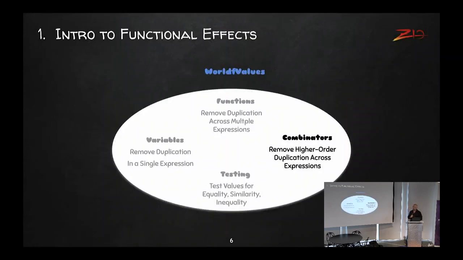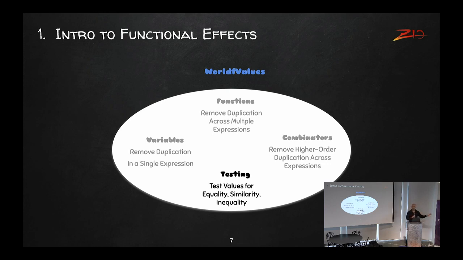And then we have combinators, which are ways of extracting out duplication across chains, workflows of common operations. And then finally, we have the ability to test values for equality and similarity and inequality. And all of these powers collectively make for a very compelling package.